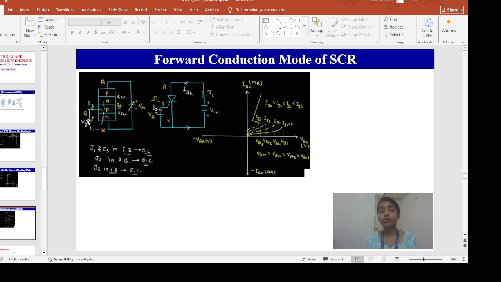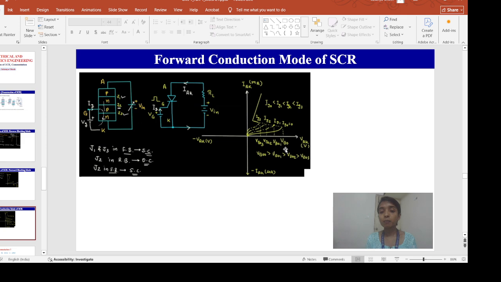But without applying this gate voltage, once we apply a very high amount of V in, at which it causes a breakdown in the depletion region at J2, a huge amount of anode to cathode current starts flowing through this SCR. Okay, so you can see that this voltage of V in is called the forward breakover voltage, represented as VBO.